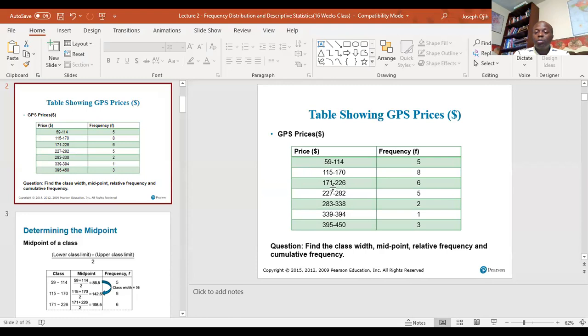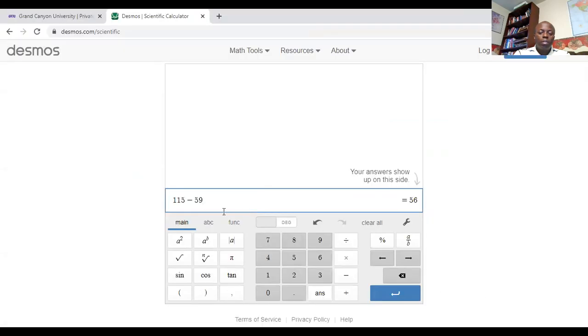So if you do 171 minus 115 in the calculator, you get the same answer, 56. So that's the class width. Like I said, it's the easiest to find, so we don't waste much time here.